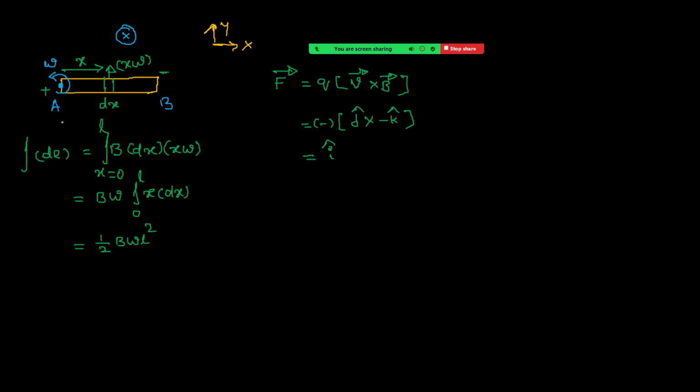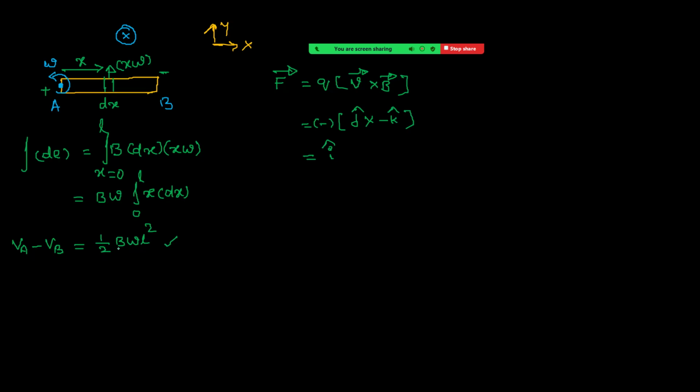Like this, we can decide which end is at high potential and which is at low potential. So VA minus VB is equal to half B omega L square. If they ask VB minus VA, then it becomes minus half B omega L square.